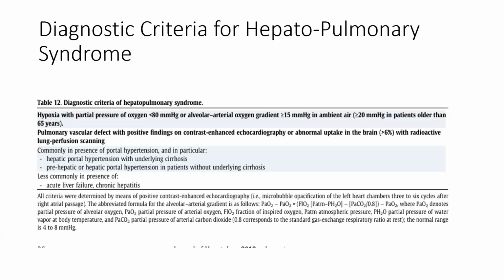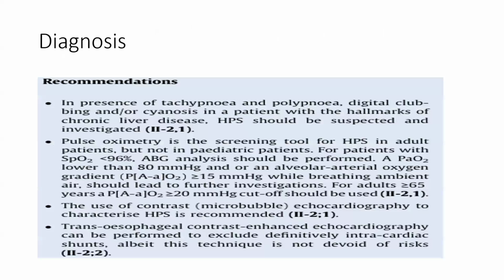Commonly in the presence of portal hypertension, in particular with underlying cirrhosis, prehepatic and hepatic portal hypertension in patients without underlying cirrhosis, and less commonly in the presence of acute liver disease and chronic hepatitis.